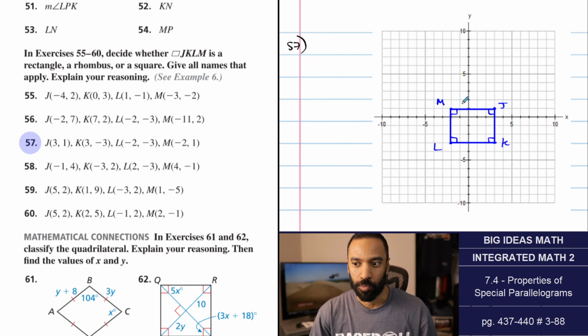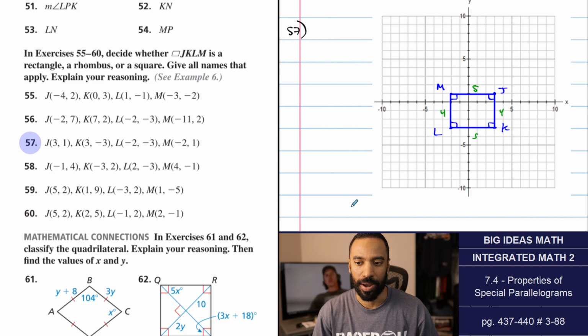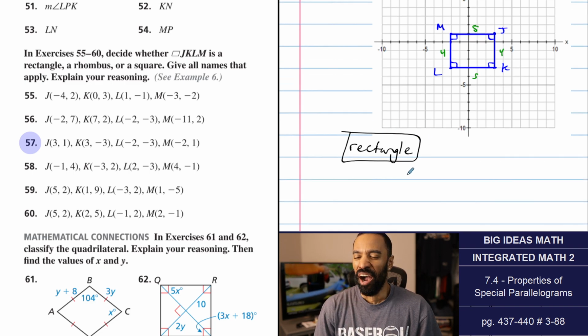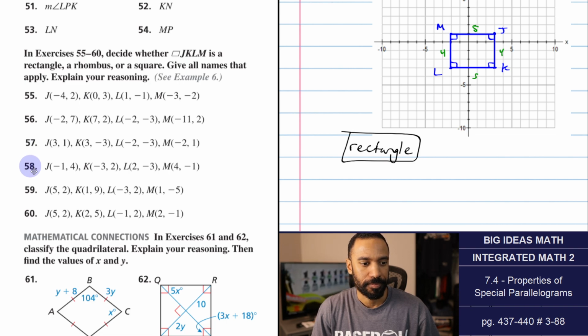The lengths can be counted. 1, 2, 3, 4, 5. 1, 2, 3, 4. Close, but not a rhombus. This parallelogram is a rectangle, and a rectangle alone. If it's not a rhombus, then it's not a square. So we went easy on that.